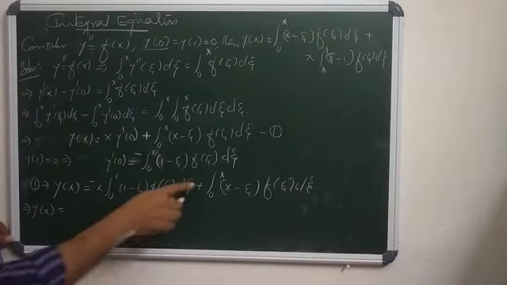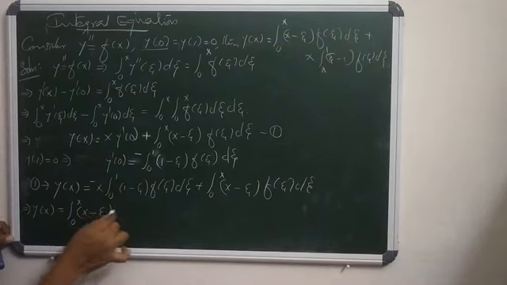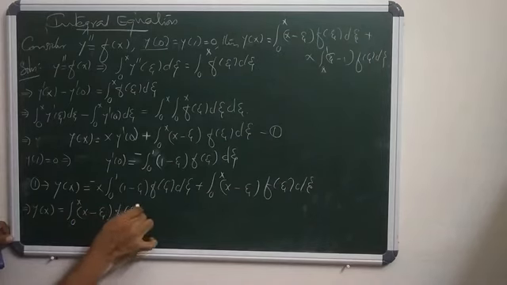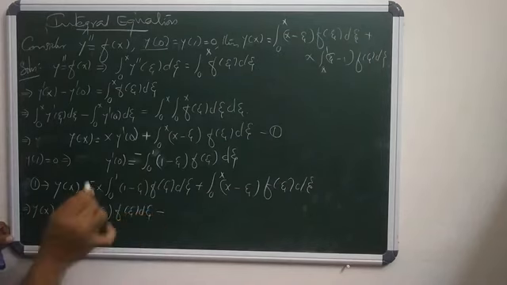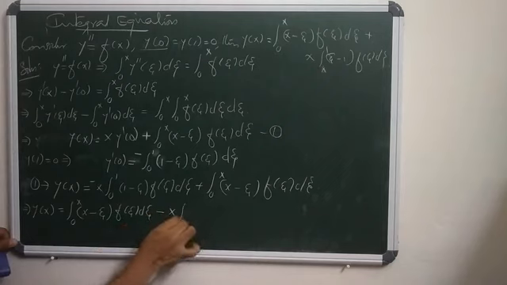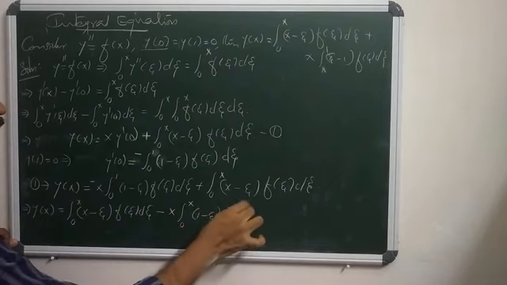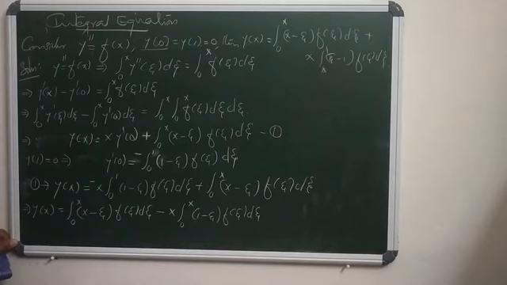integral 0 to x, taking the last term first, (x minus theta) f of theta d theta, minus x into integral 0 to 1 of (1 minus theta) f of theta d theta.